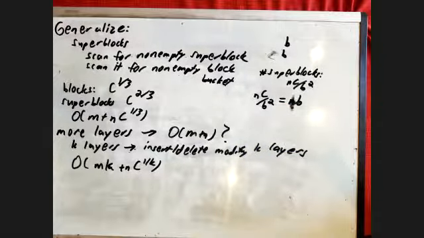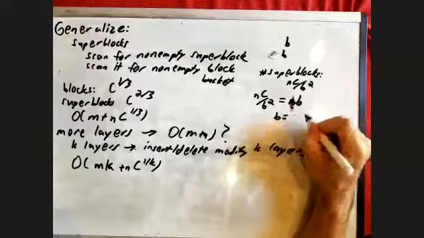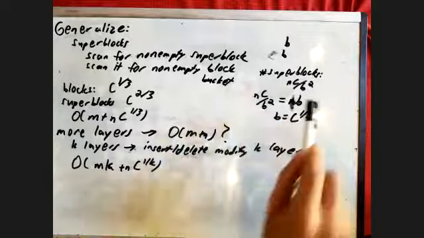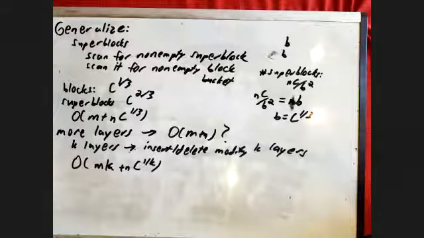So now you're going to set B equal to C to the 1/3. And it generalizes for any k: you're going to set NC over B to the k equal to B in order to get balance everywhere. But we also have another search inside each block.